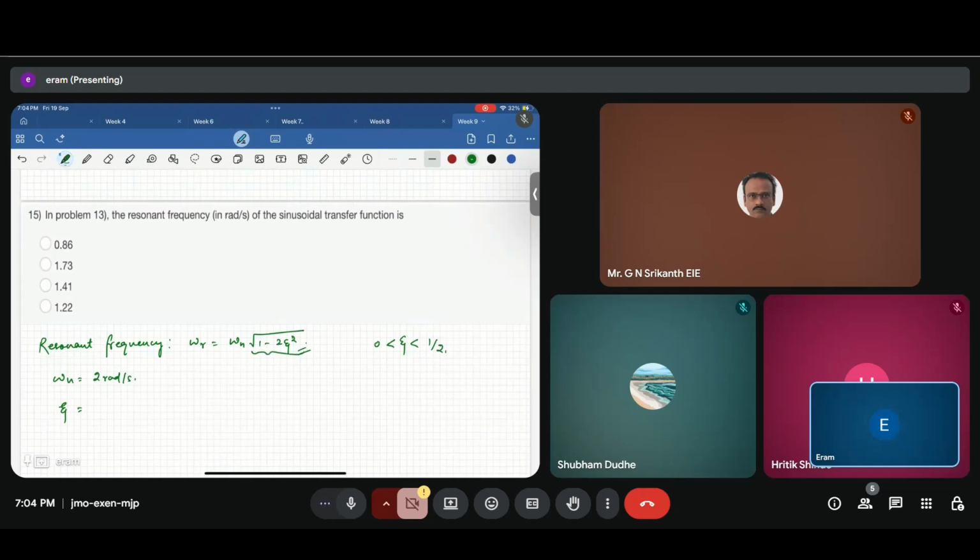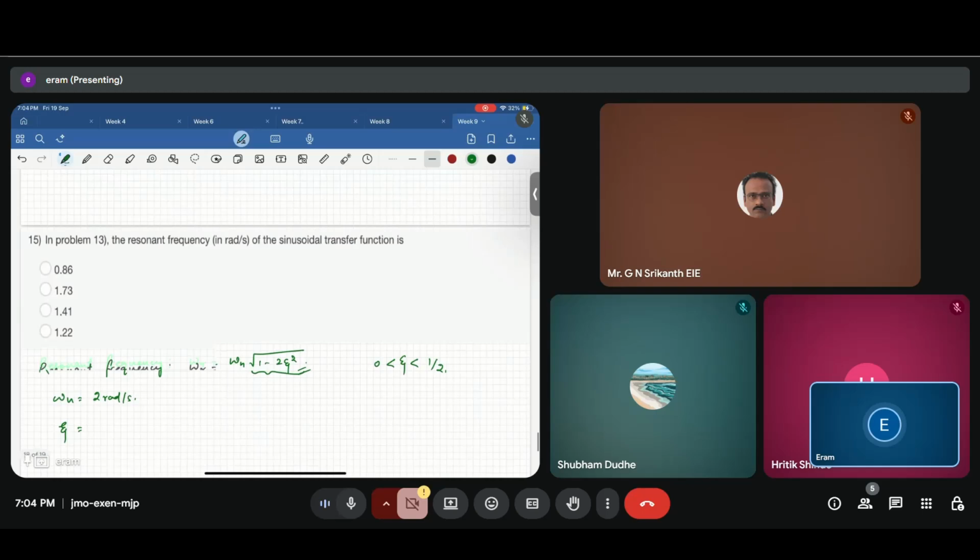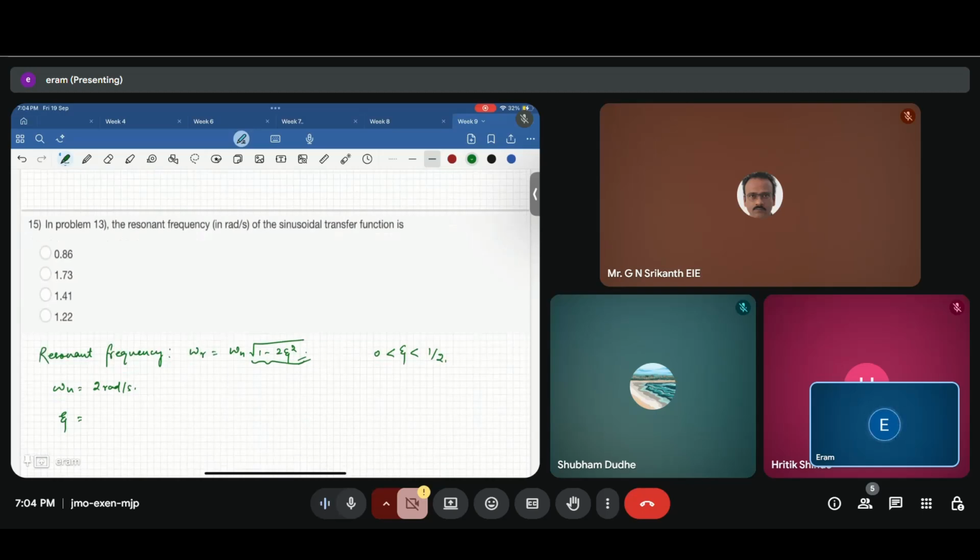So always remember that for a damped second order plant, the resonance occurs at the frequency equal to this when zeta is between 0 and 1 by root 2.